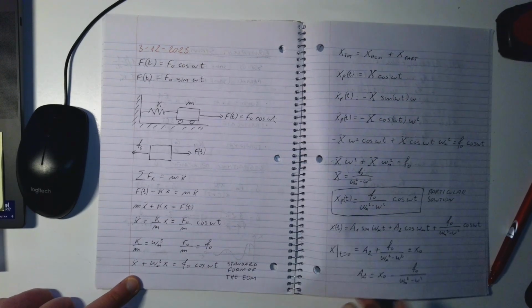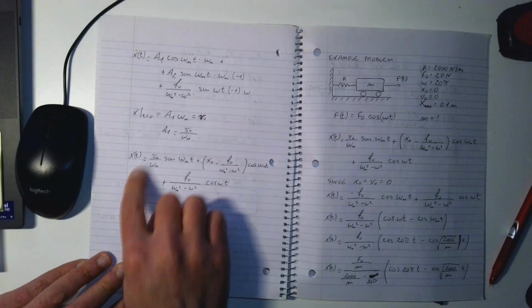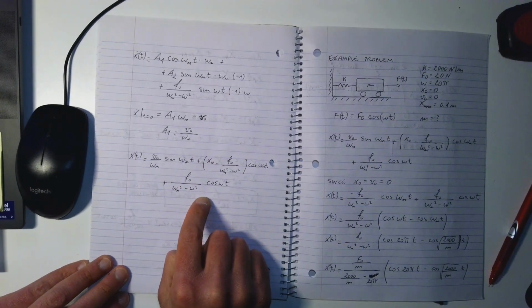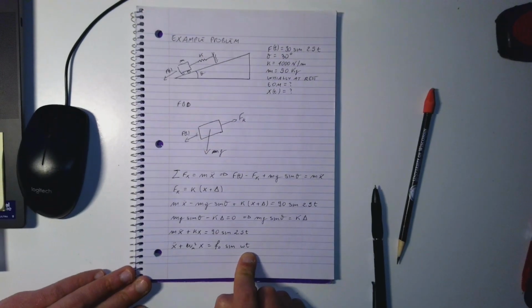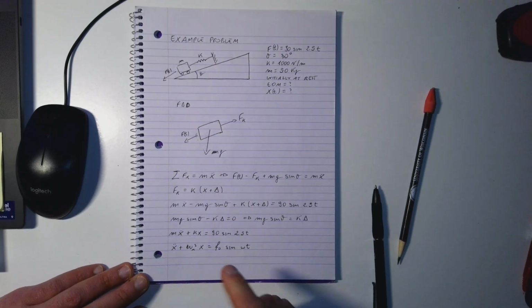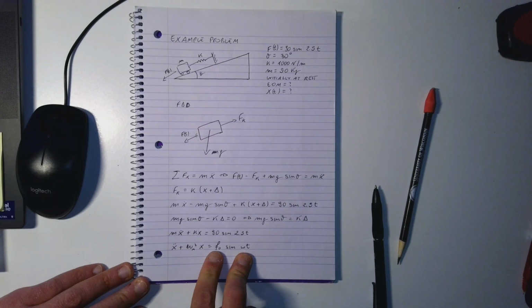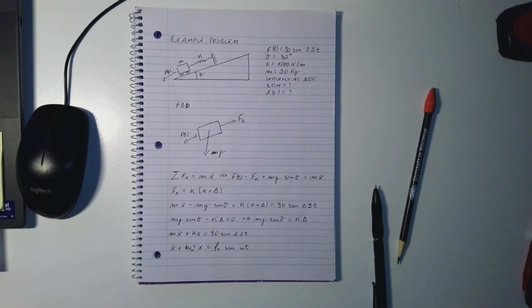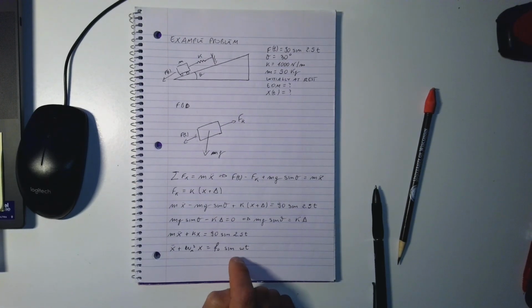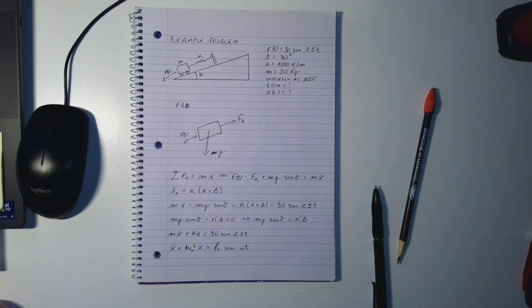Which means that the solution that we found is not applicable anymore to this case, because here the external force, which is responsible for the non-homogeneous term of the equation, is F0 sine of omega t instead of F0 cosine of omega t. Make sense? Any question about this?